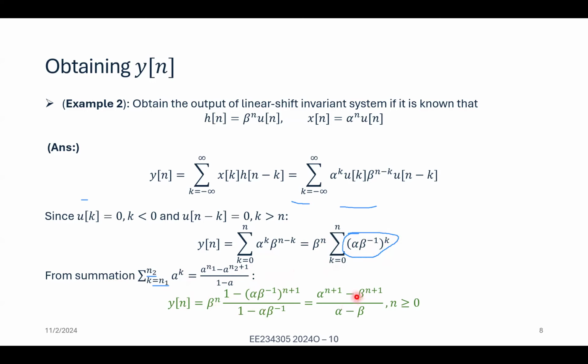So in other words, in another representation, by multiplying all of this with beta, we get this one. Right, so we have yn is the ratio between alpha to the power of n plus 1 minus beta to the power of n plus 1 over alpha minus beta.